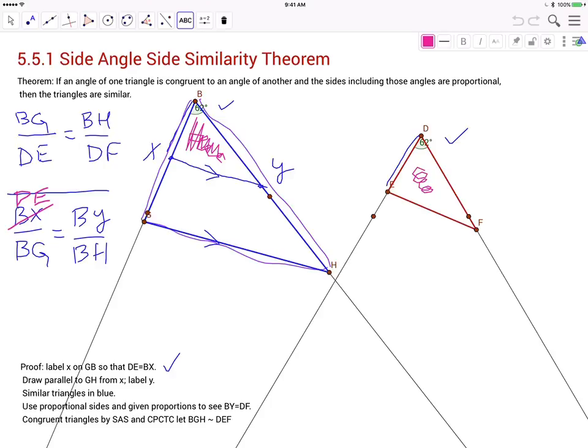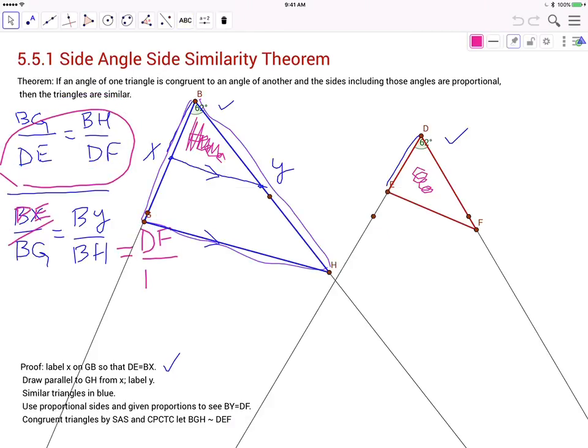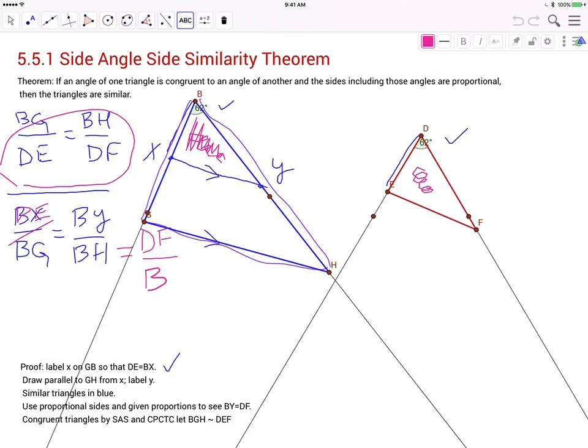But if you think about what's going on up here in the given, we know that DF relates to BH the same. DF relates to BH, right?